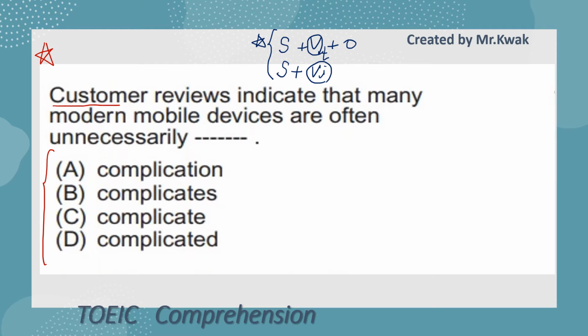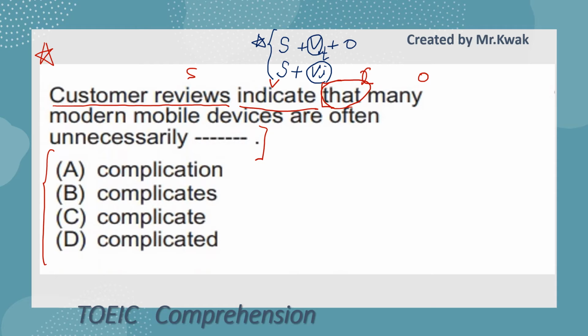Customer reviews, subject; indicate, verb; something. Something means the object, and it starts with the word that, which is a conjunction right now.